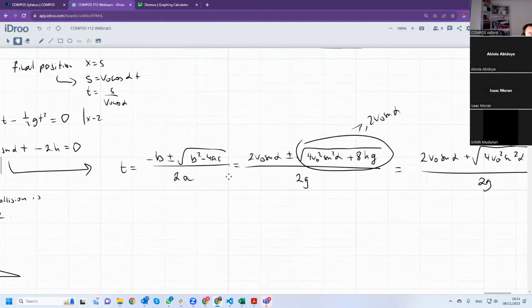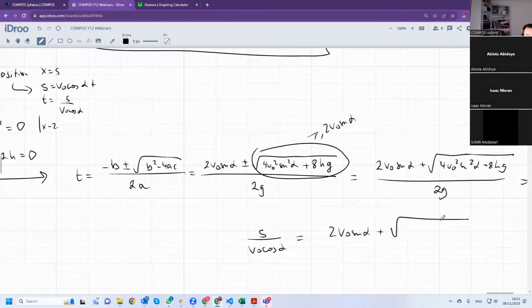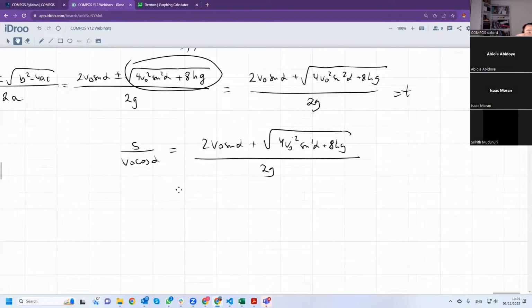And if that's the time of landing, we have s divided by v0 cos alpha equal to 2v0 sine alpha plus, I think I've made it worse, the square root of 4v0 squared sine squared alpha plus 8hg, divided by 2g. Now you need to solve for v0.